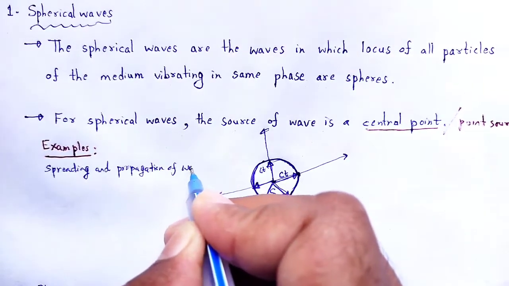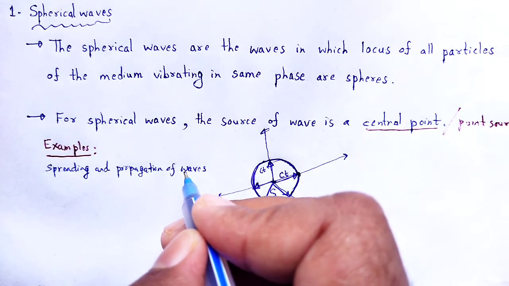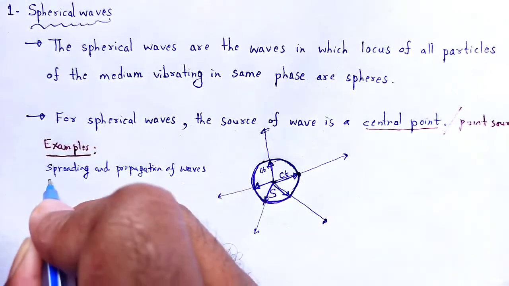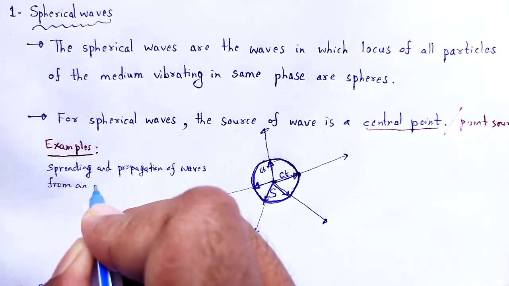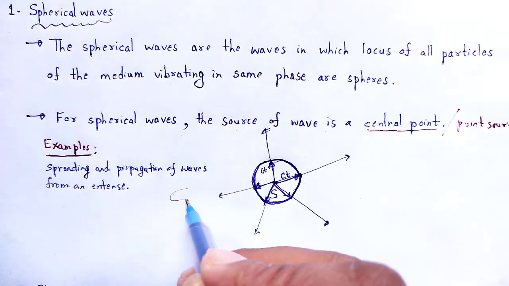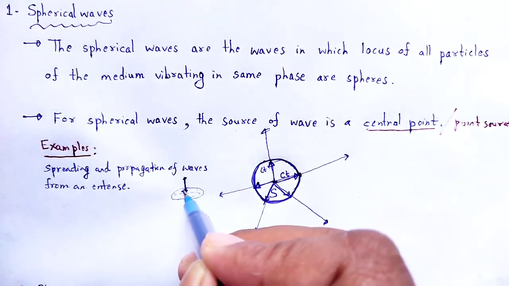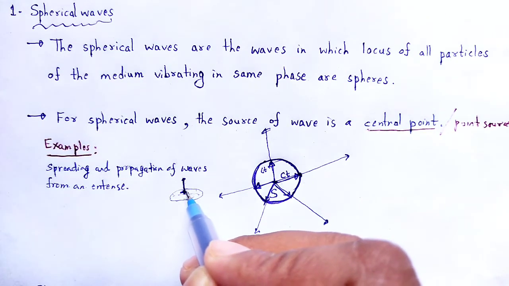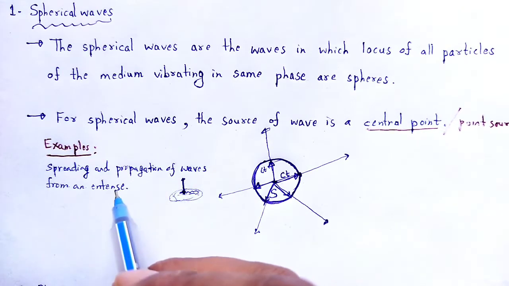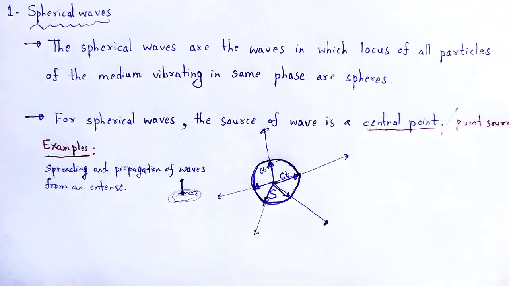If there is a pond, and I throw a stone into the pond, the waves are created, and these waves are in the form of spherical waves. That's an example of spherical waves.